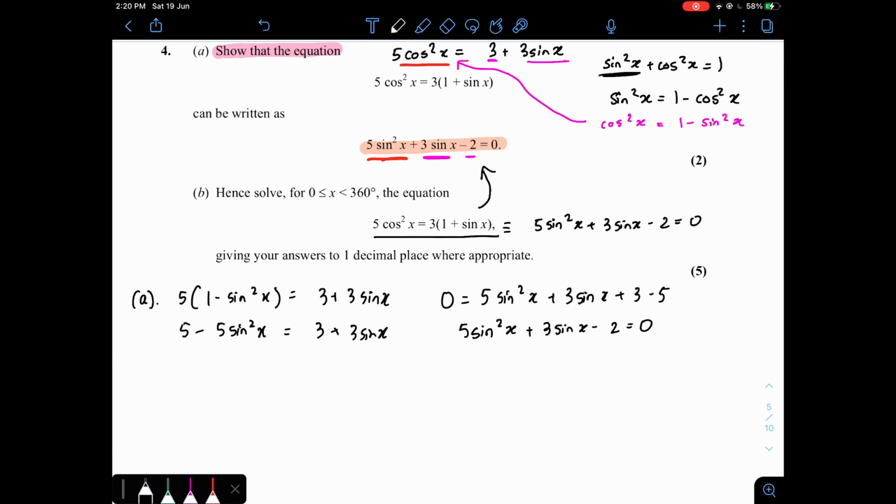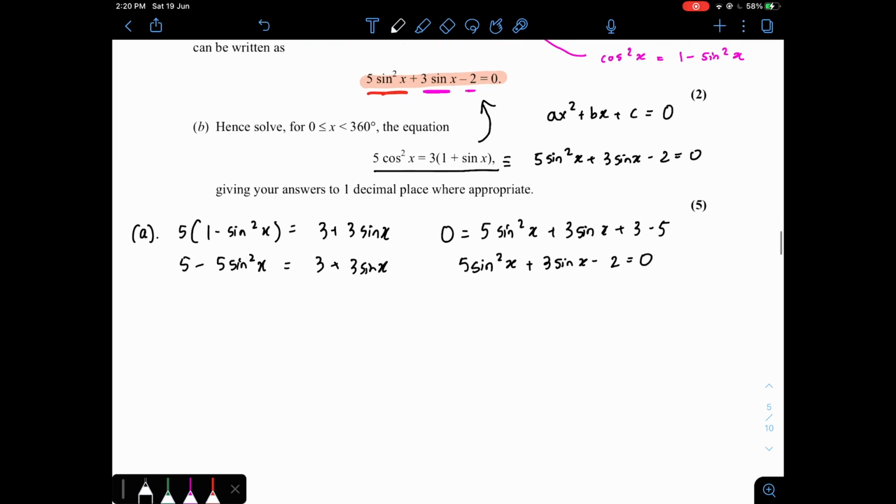Now this is very similar to our ax squared plus bx plus c equals 0, right? This is a quadratic equation, right? So we can just solve it like a quadratic equation.